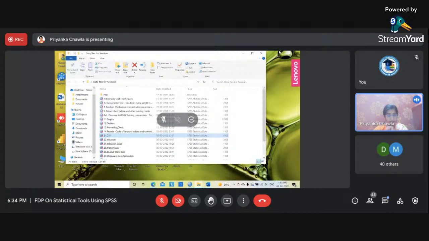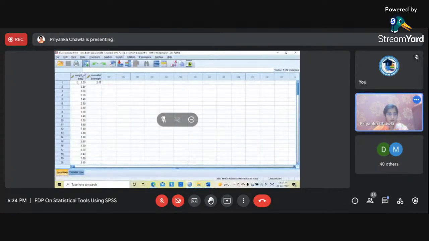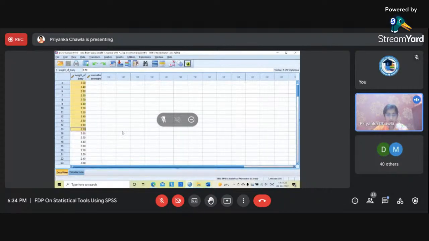I'll be taking the same data set that was taken by Sunny sir yesterday. One sample t-test, this one. These are the weights of the baby, 2.5, 3.5, 3.4, 2.8, right? These are the weights of the 100 babies recorded over here.